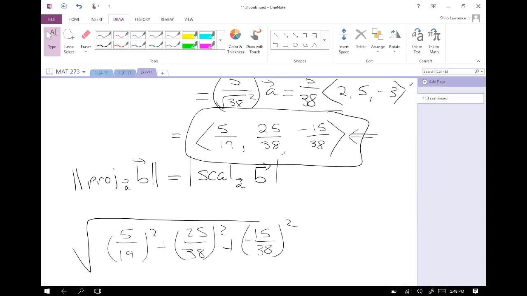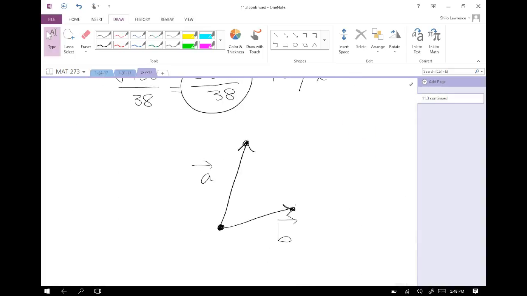We did B onto A. That means I want to connect B to A with a line that is perpendicular to A. The vector that we end up with on A, this right here, is the vector projection. That is the projection of B onto A.